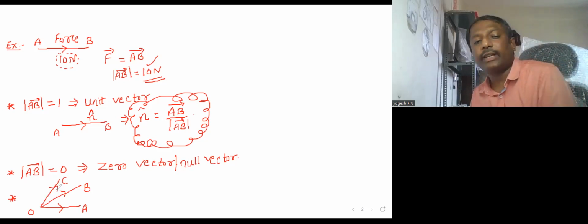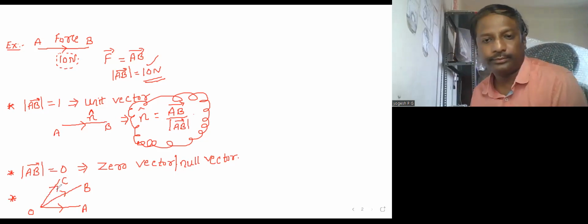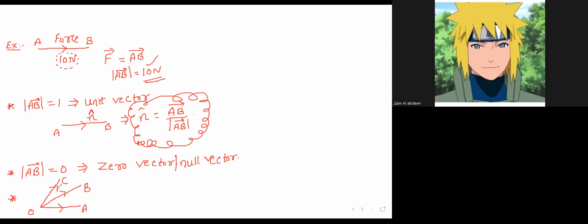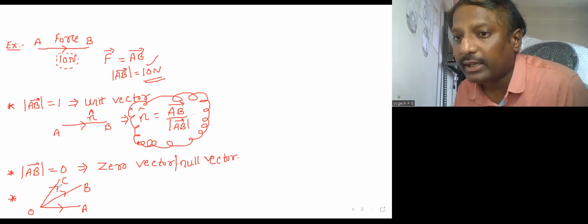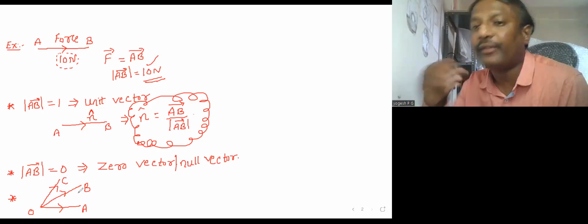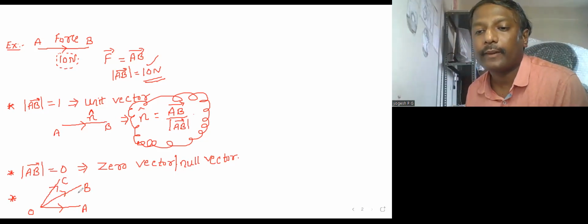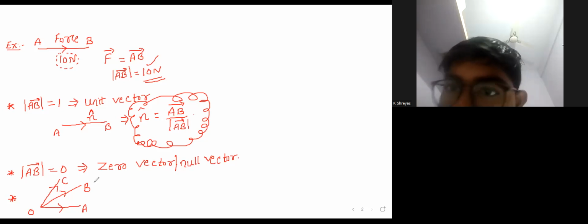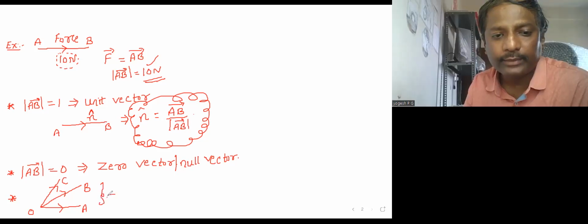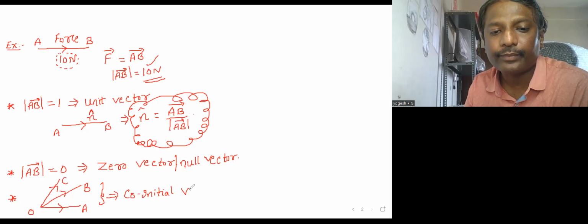How many vectors are there? 3 vectors. Good. For all these 3 vectors, is the initial point the same or different? Same. If the vectors have the same initial point, such vectors are considered co-initial vectors.